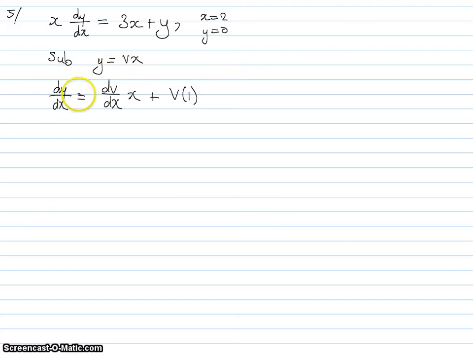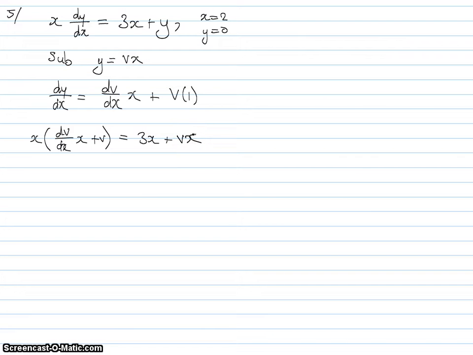Now I've got an expression for dy dx and an expression for y. I can substitute both of these into my original equation and remove y from the picture. That is, I am going to get x times (dv dx times x plus v) is equal to 3x plus vx, replacing y and dy by dx.